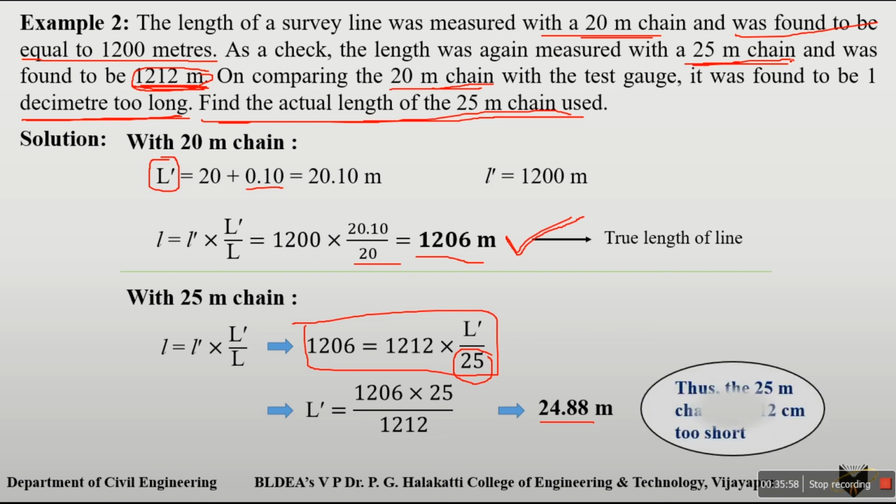So the actual error in the 25-meter chain is 12 centimeters too short. How did it come? It is the difference of 25 meters minus 24.88 meters, which gives 0.12 meter, that is 12 centimeters.